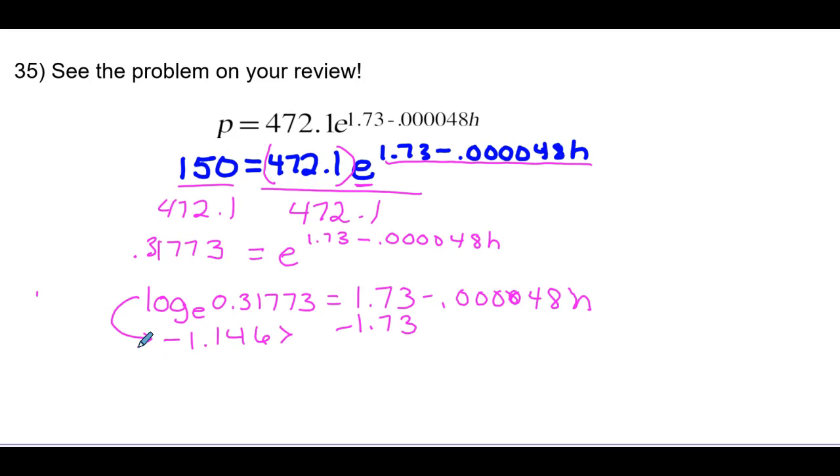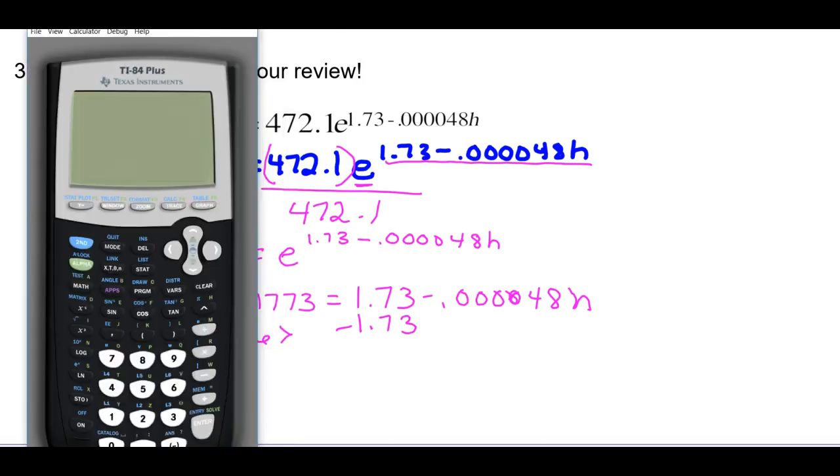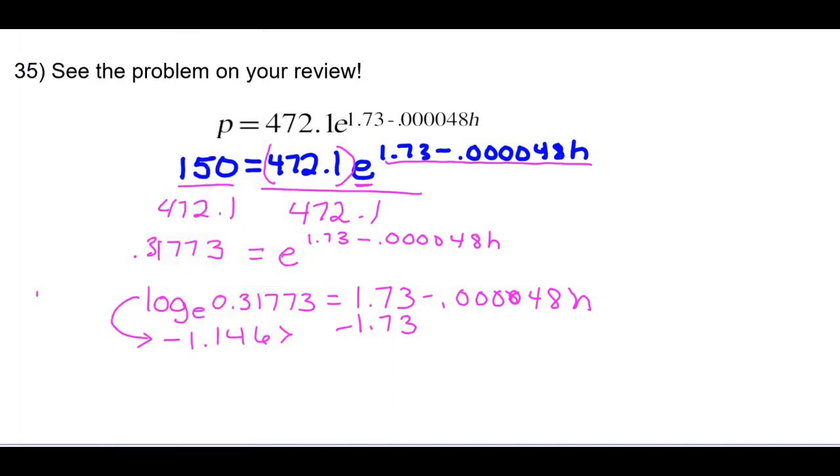I could do that for you real quick here. It's the natural log of 0.31773, and that gives us negative 1.147, which I guess I put 6, so I'll change it to 7 because I rounded through it.